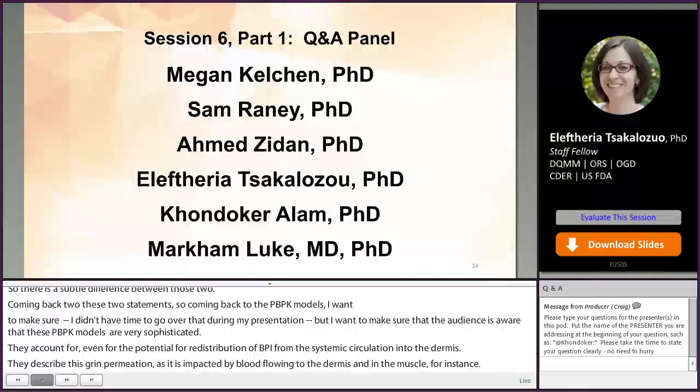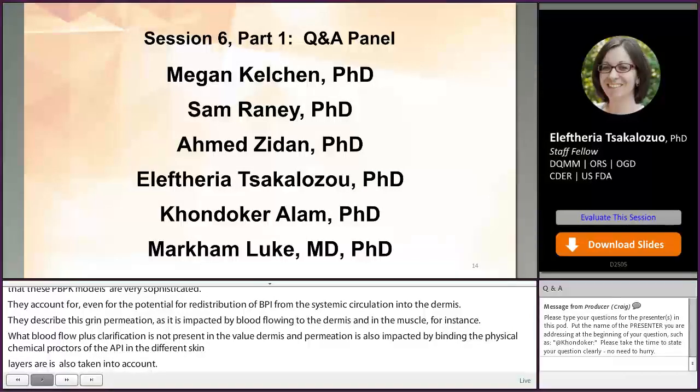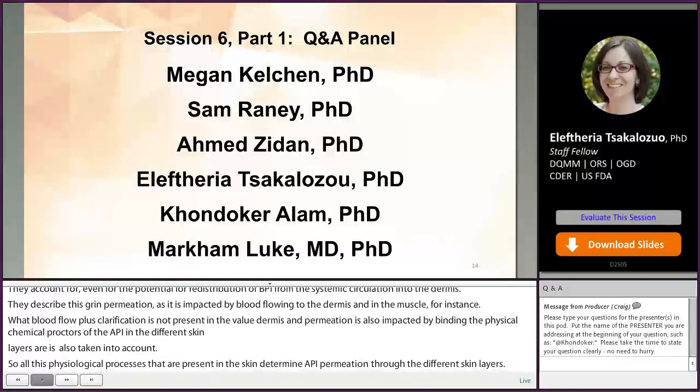So all these physiological processes that are present in the skin determine API permeation through the different skin layers. And these physiological processes, along with the differences in drug product quality attributes, such as apparent viscosity, pH of the formulation, globule size and particle size distribution of the API within the formulation, are impacting API permeation.